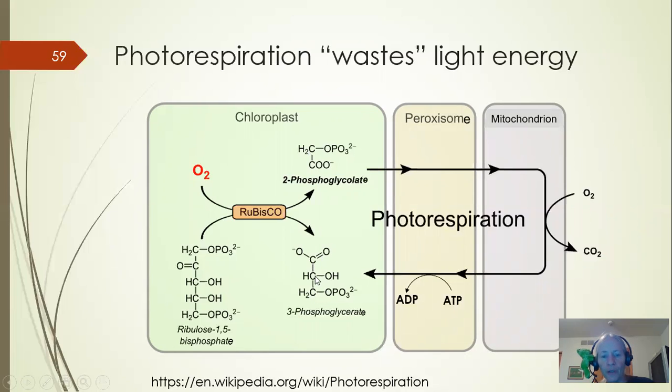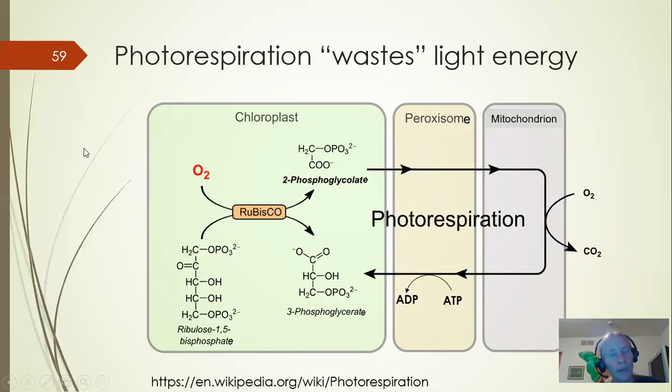But in order to make glucose, we need 2 of these 3-carbon molecules, and so this 2-carbon molecule has to be converted into a 3-carbon molecule. In order to do that, you have to have 2 of these 2-carbon molecules. You have to go through this complicated pathway, which actually strips a carbon off. So we're kind of going backwards.